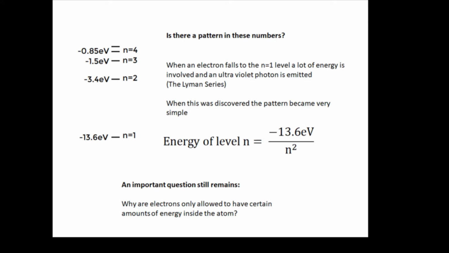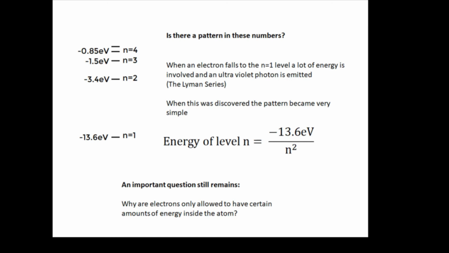When that was discovered, and it was realized that n equals 1 was equal to minus 13.6 electron volts, then the pattern is actually very simple. The energy of a particular level n is equal to minus 13.6 electron volts divided by n squared. So for n equals 1, it's minus 13.6. For n equals 2, it's minus 13.6 divided by 4. For n equals 3, it's minus 13.6 divided by 9, etc.